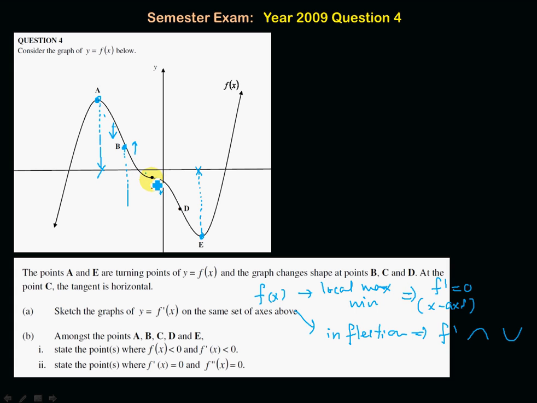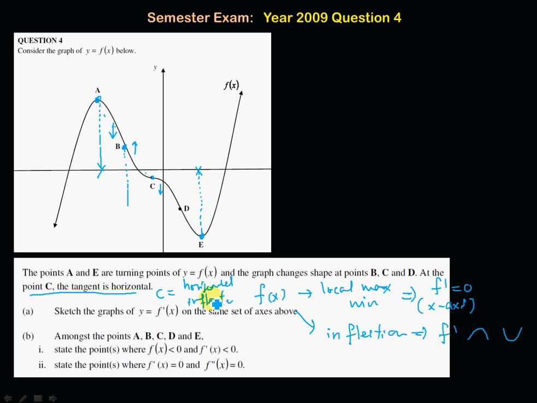So the C point is an inflection point, and not only that, because it's given here at point C, the tangent is horizontal. So C is a horizontal inflection, and it means that dy/dx is 0, right?